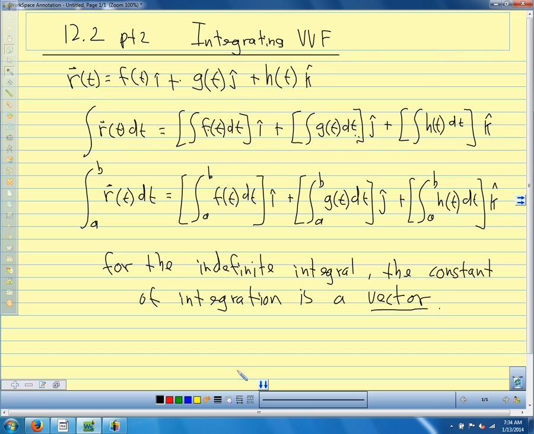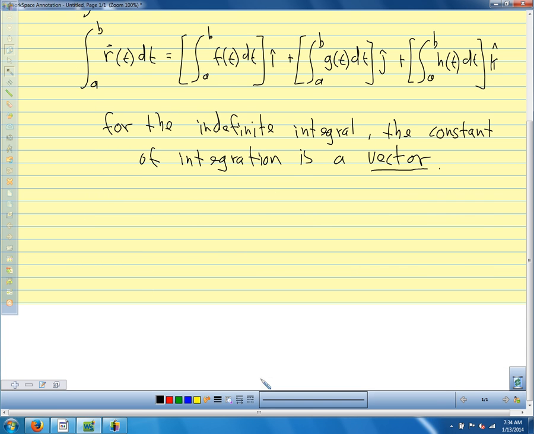So we just have to be careful and remember, because we're dealing with vector value functions, that our constant is a vector. So we could write the integral of r of t dt equals capital R, whatever our antiderivative is, capital R of t plus c, where the derivative of capital R equals little r.